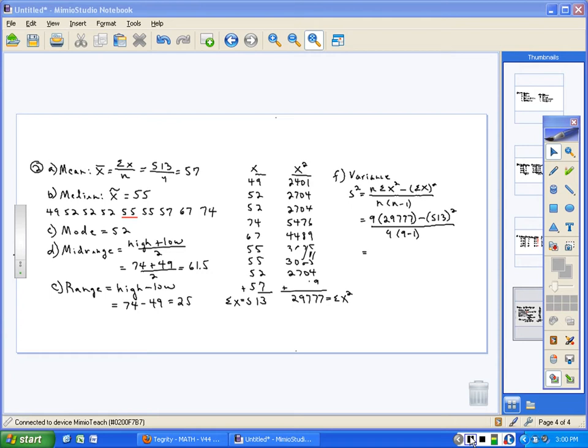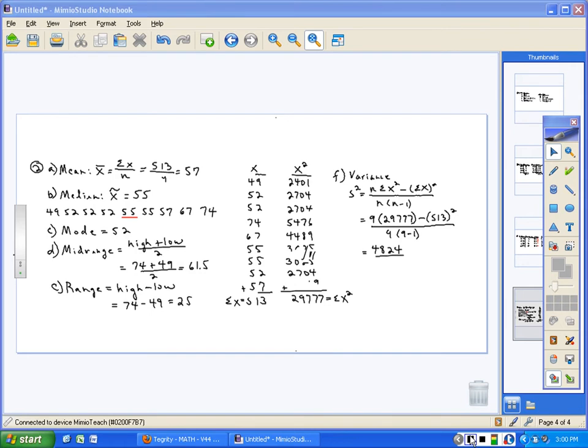You shouldn't show every single little step. I don't want to know what 513 squared is, but let's condense the numerator down into one number. So it's 9 times 29,777 minus 513 squared. And that turns out to be 4824.